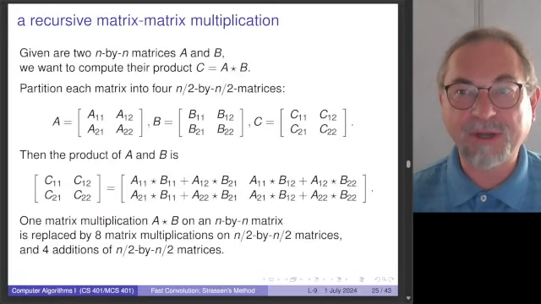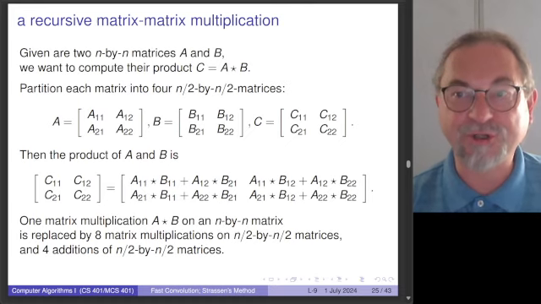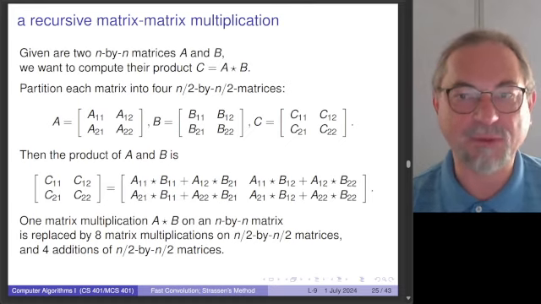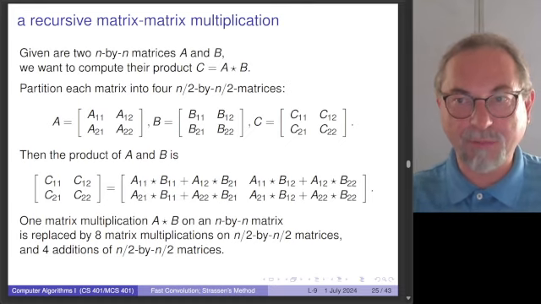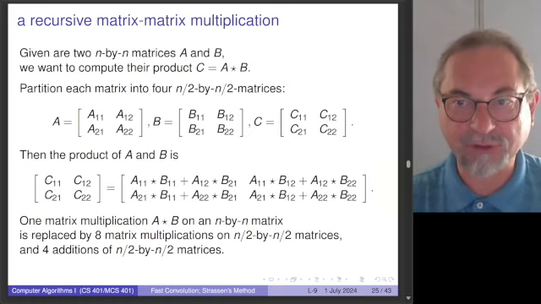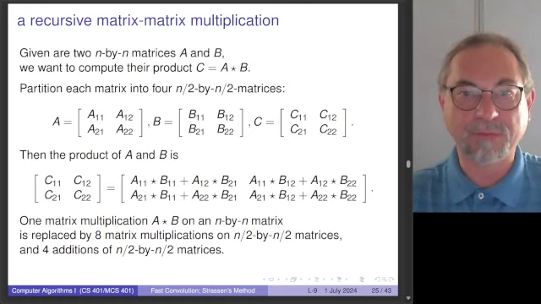We are multiplying matrices, and we're going to look at a recursive matrix multiplication. So divide and conquer consists in partitioning a big problem into smaller ones, solve the smaller ones, and then combine the solutions of the smaller problems to the big problem.